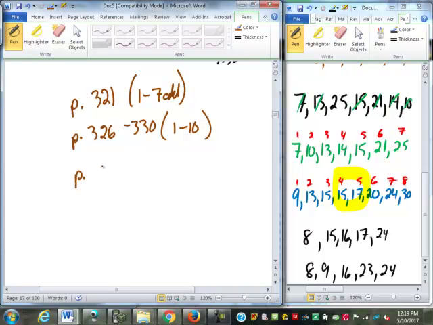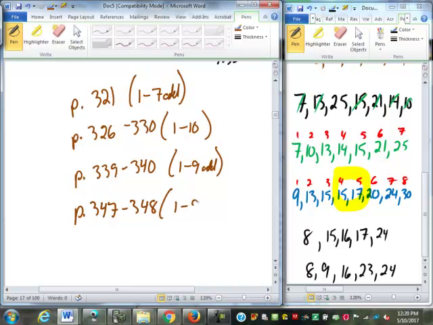And finally, page 339, 340, 1 through 9, the odds, looking more at organizing the data. And I want to take just a little peek at page 347 and 348. 1 through 9, the odds, is talking about the mean, median, and mode.